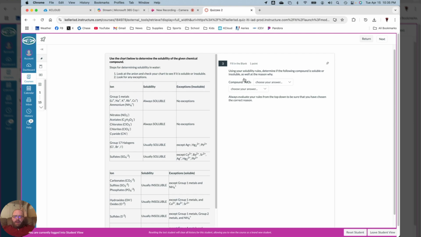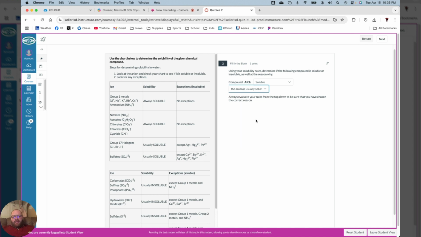So we're going to have to look for Cl, chlorine. Chlorine is one of these halogens right here. It is usually soluble unless it's silver, mercury, or lead. Aluminum is none of those. So we're going to stick with soluble, because the anion is usually soluble and the cation is not an exception.